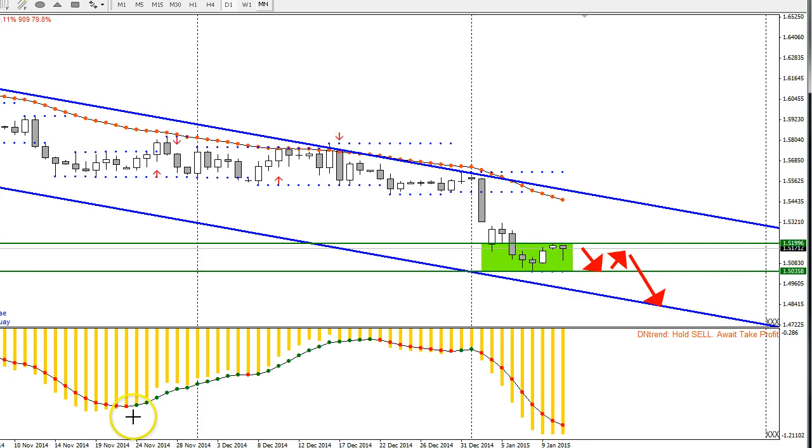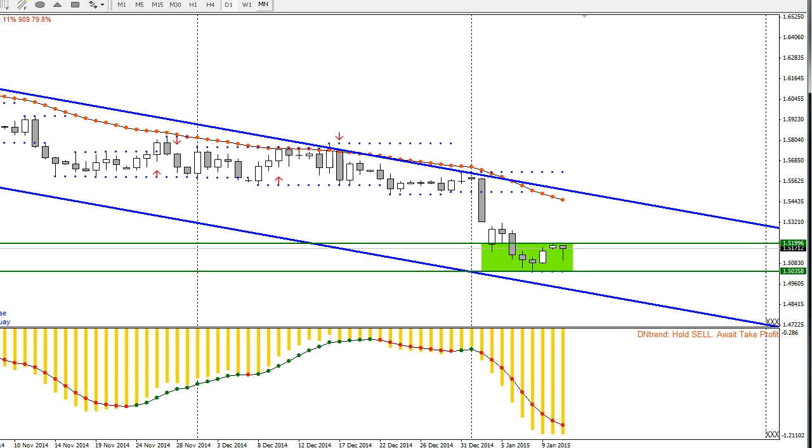We could expect, I would say, possibly to have a little bit of a consolidation range for the next couple of days or maybe a week or so, which in this case would be good also for the downside, because it will give us more room to play down.